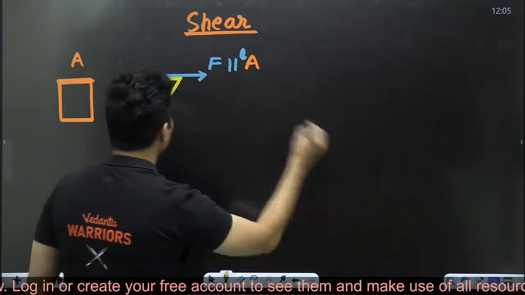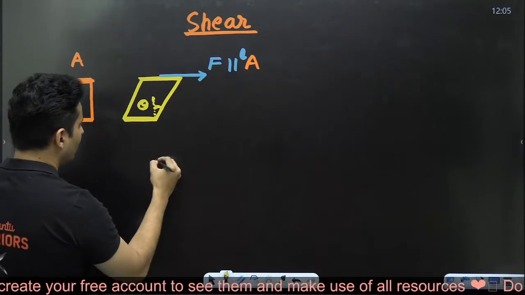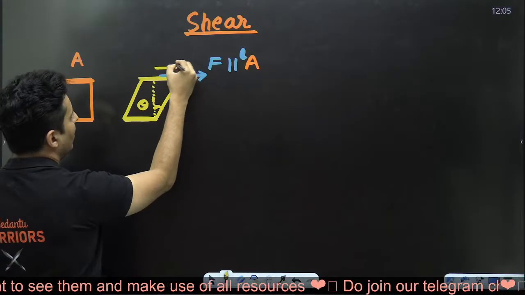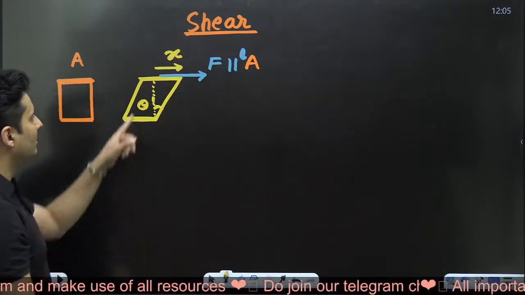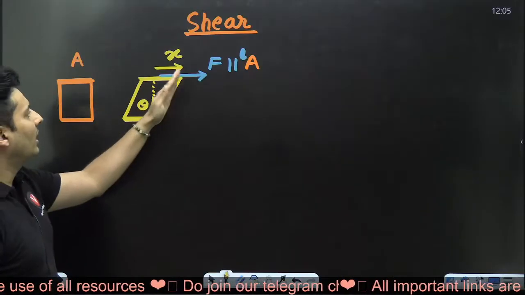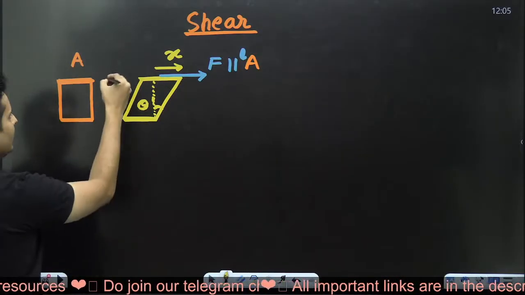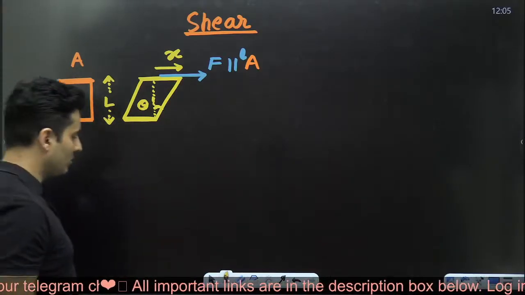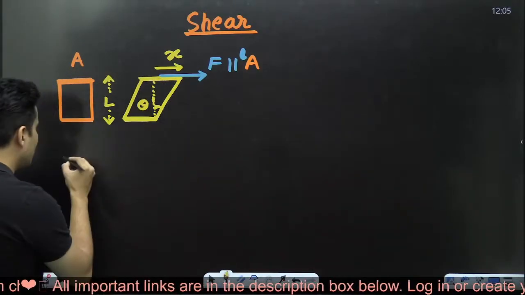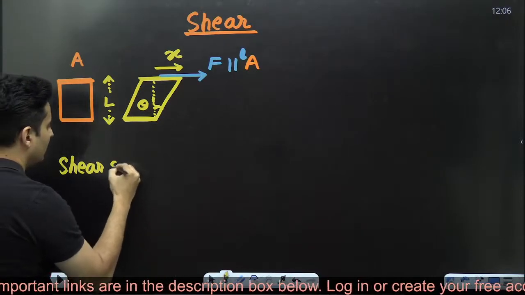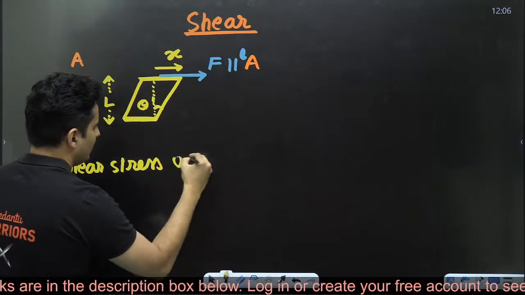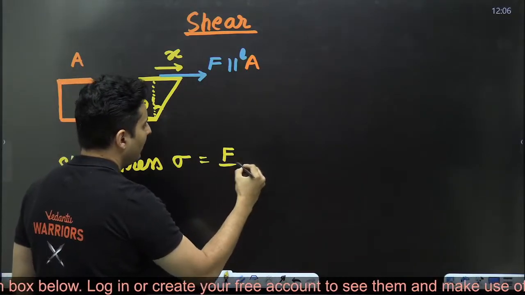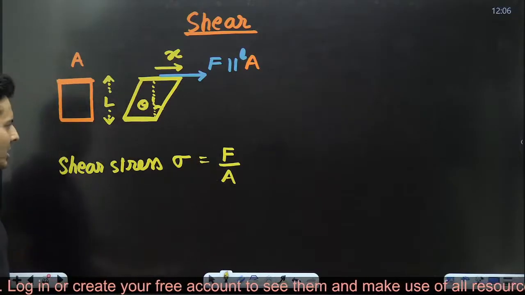If you see this part closely, you will realize that this point, which was here, has now gone ahead by an amount x. And let's say the separation between them is L or H, whatever you want to use. So the shear stress sigma will be given by the force acting per unit area. Same formula, no change.